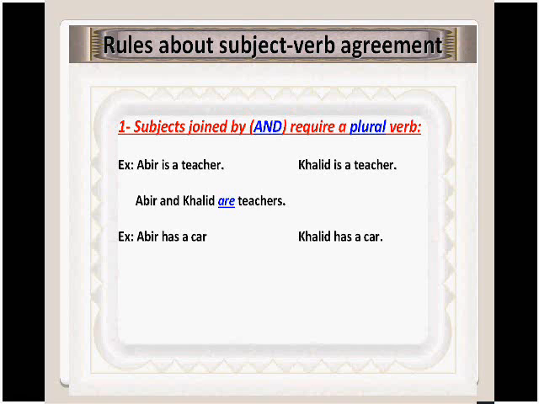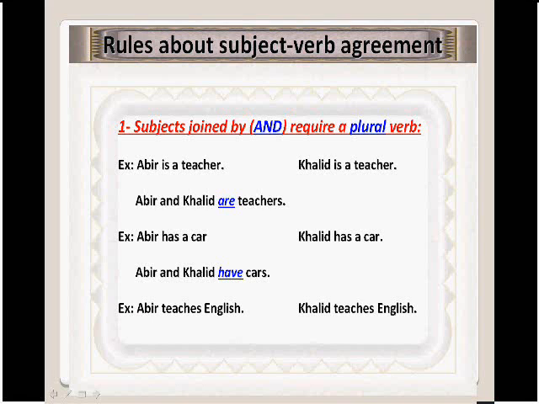But if I add them and write one sentence, like Abir and Khalid have cars, so I changed has into have because I am talking about two people who are Abir and Khalid. So I joined the subjects with and. So I had to change the singular verb has into have. And here have became the plural. And of course cars, this is again the plural noun.